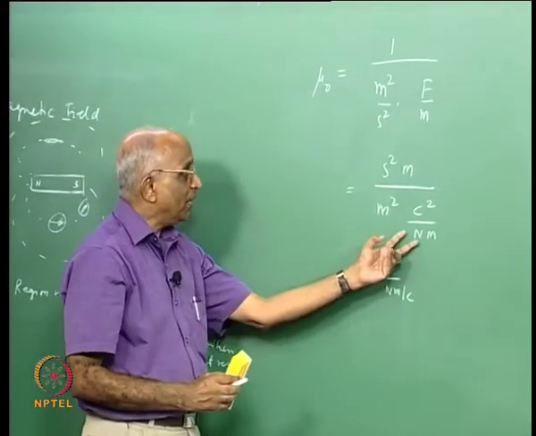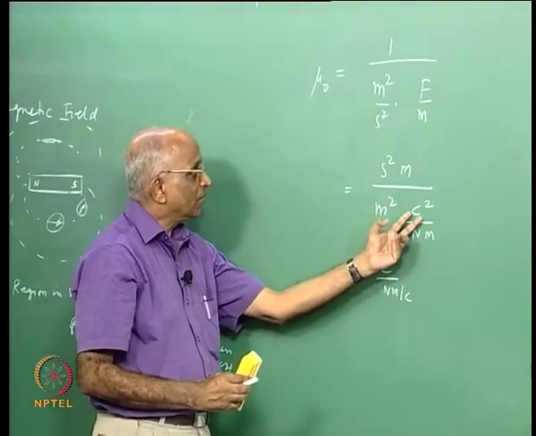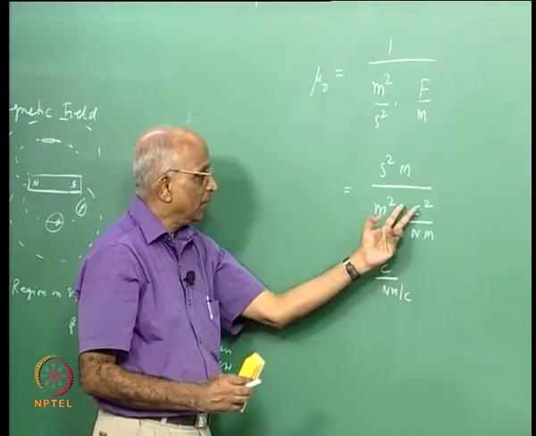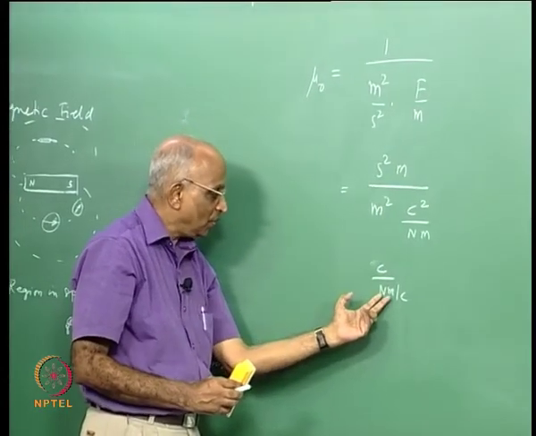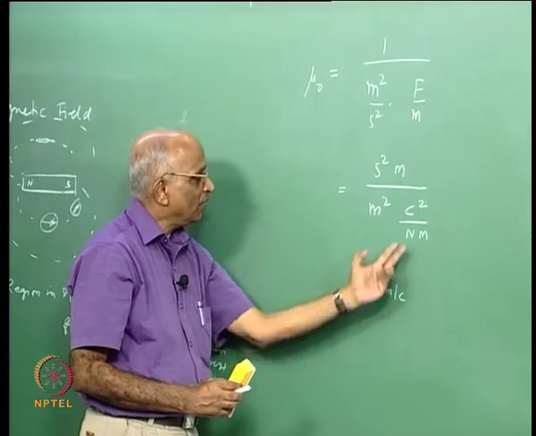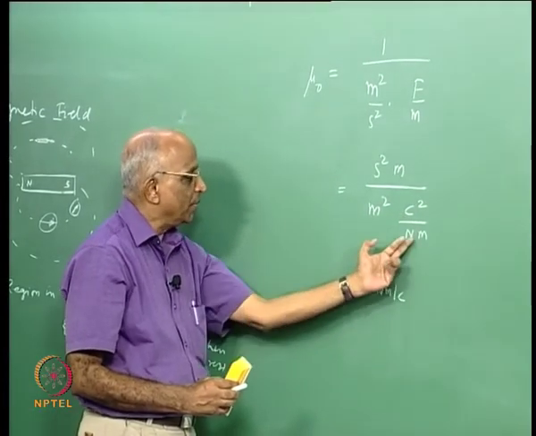Now let us be very clear, we found farad is equal to charge by voltage, voltage is equal to work done per unit charge, and therefore the unit of farad should be C squared by Newton meter.